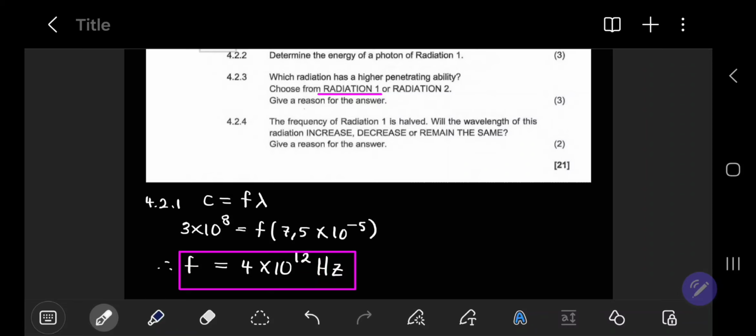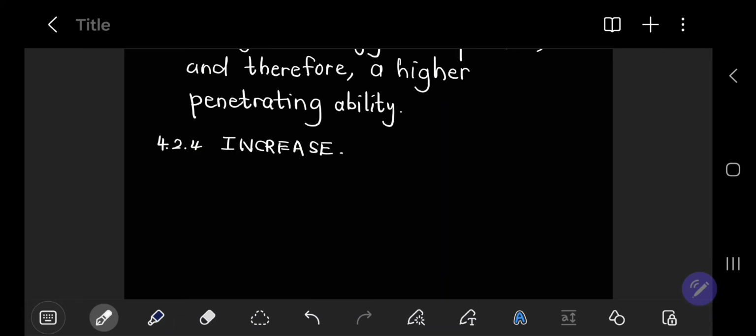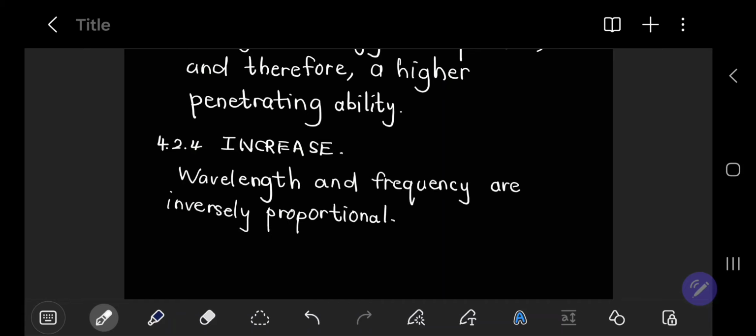So if it's multiplied, then obviously it is going to increase. If frequency is decreasing, wavelength is going to increase. So since frequency decreasing caused wavelength to increase, we know that they are inversely proportional. So that's going to be our reason: wavelength and frequency are inversely proportional.